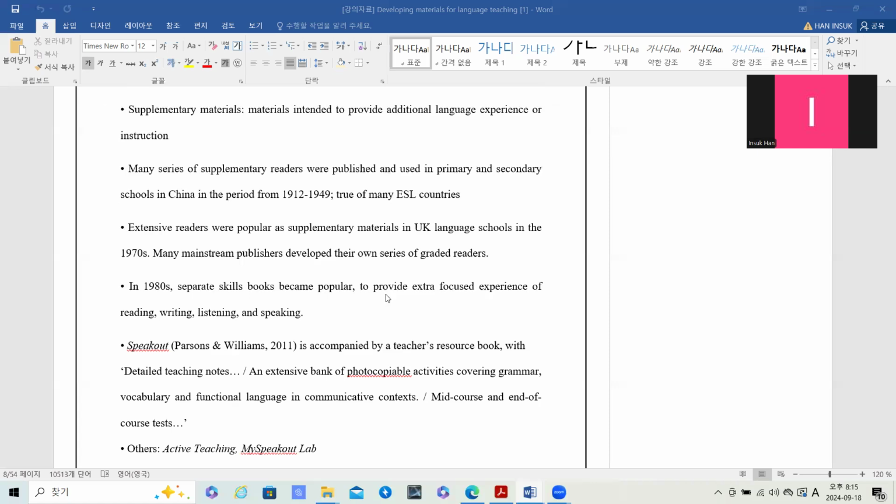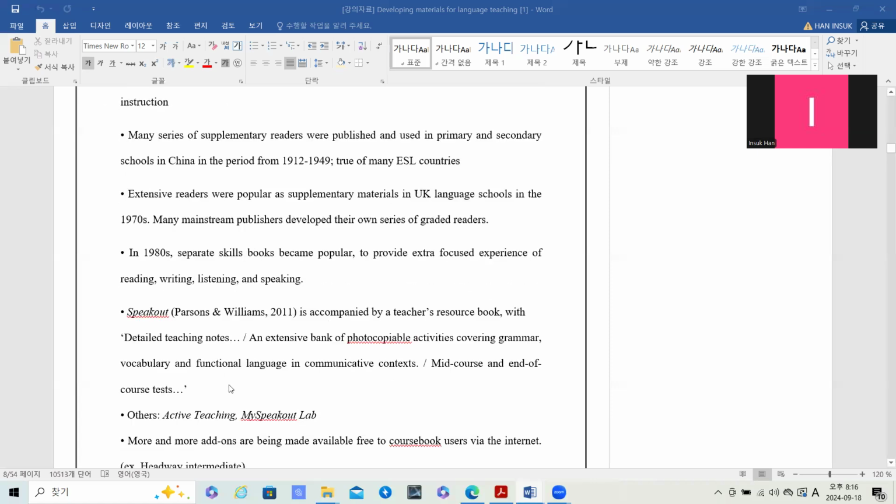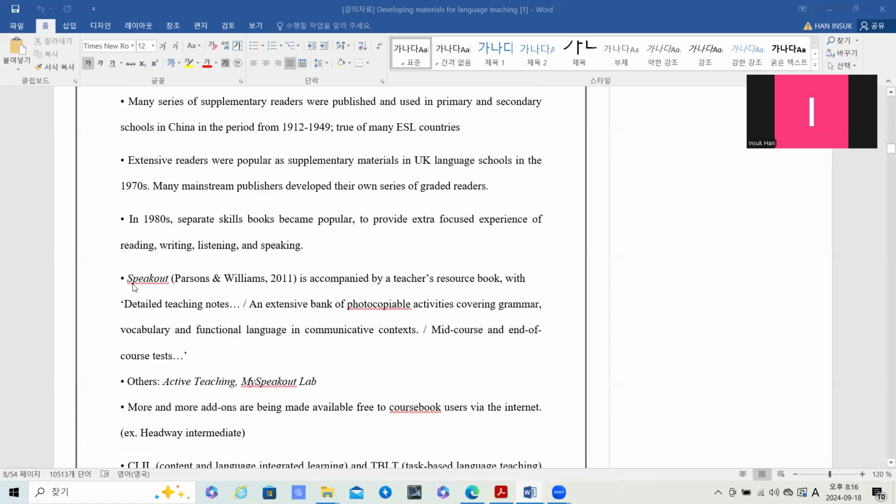So this means providing books focusing on reading, writing, listening, and speaking, sometimes vocabulary and grammar. For example, the book titled Speak Out, written by Parsons and Williams, is accompanied by a teacher's resource book.